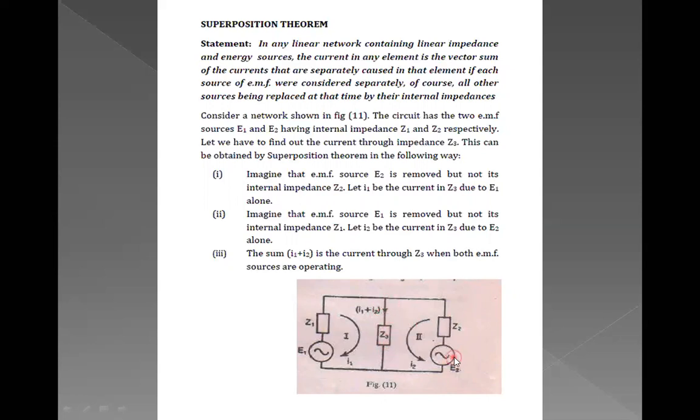These are the first two points to be followed. The earlier was I1 because of E1, the second I2 because of E2. So the sum I1 plus I2 is the current through Z3 when both EMF sources are operating. So what we need to find is the current through the common impedance, and that is nothing but I1 plus I2.